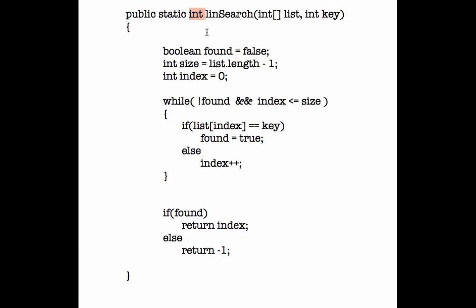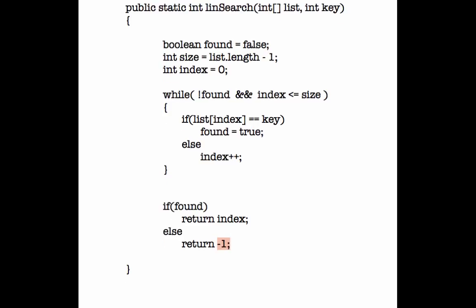Thus, we return an integer. We return the index of the element that contains the match, or we return a value that is so absurd, so illogical, that it will indicate to us that it is not a match. And typically that value is -1. So somewhere else in the program, we will need to analyze what the value of the integer is. Is it something that we expect, which is 0 or positive, or is it something that will indicate to us that the value is not found, which is -1. So this is a very basic algorithm.